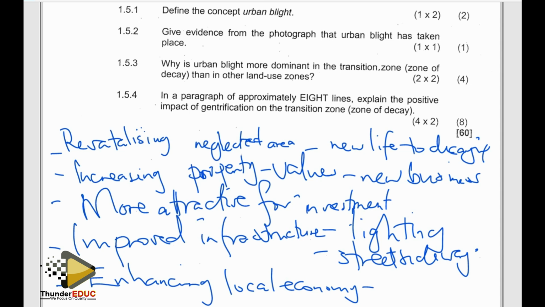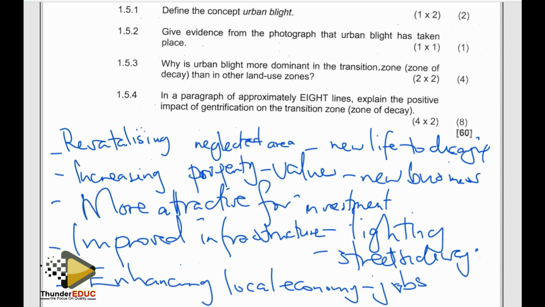But now the economy is revitalizing because there are affluent people in the area who are also going to create jobs for the people around. So we have job creation happening, and people in the zone of transition are in a position to secure jobs for themselves because of the coming in of investors.